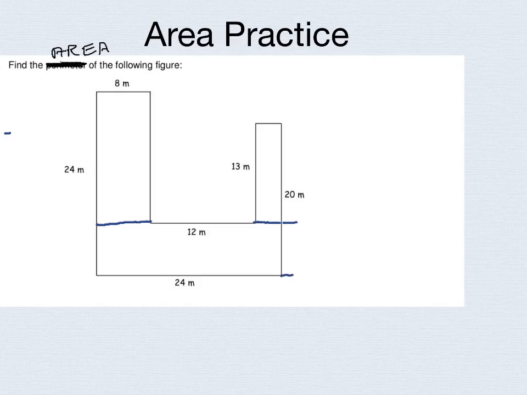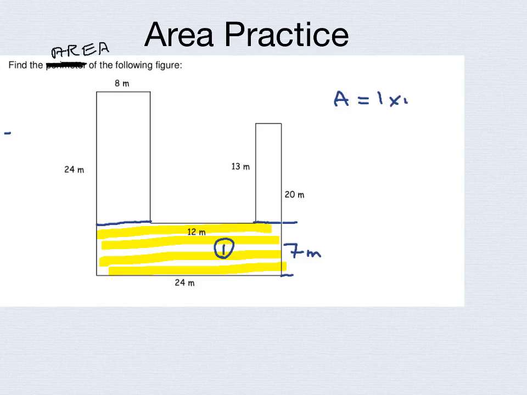If it's 20 all the way to the top from the bottom and 13 down, that side would be 7 meters, which would be good. I could find then the area of this shape, which is a rectangle. We'll call that figure 1. And I'm going to find the area of figure 1, knowing the formula is length times width.